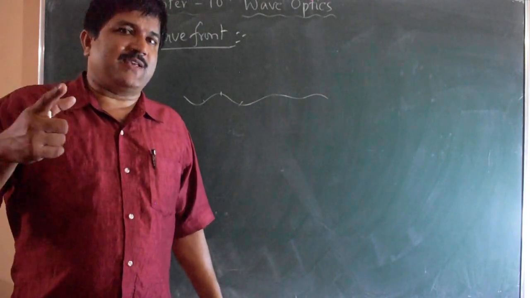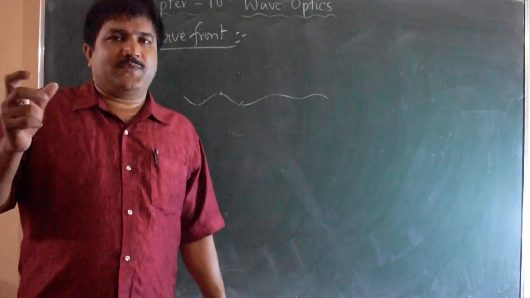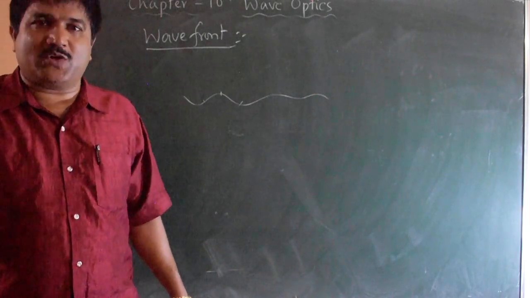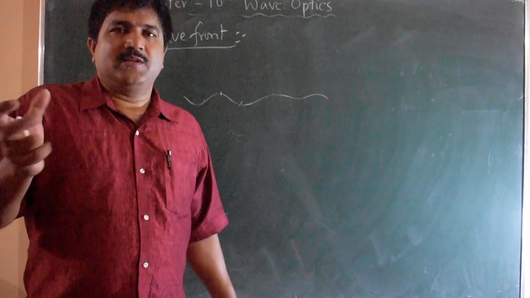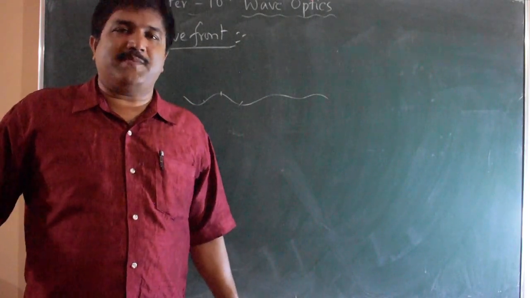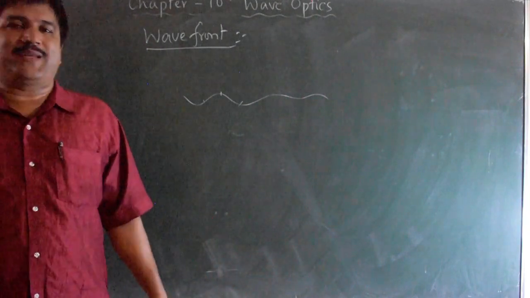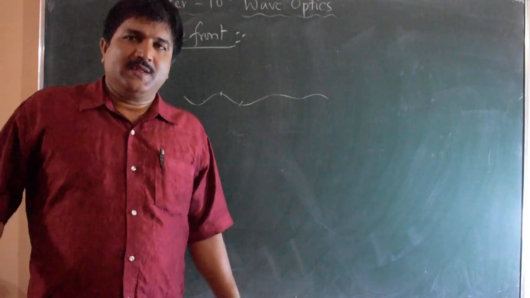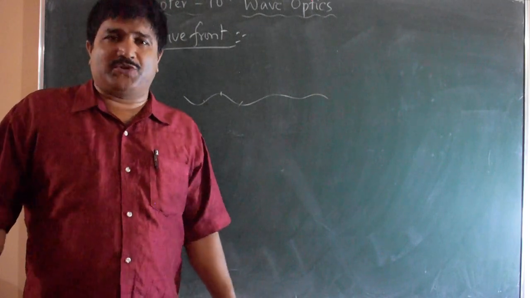You studied in the first-year waves chapter that for any wave propagation there is a term called amplitude, a term called wave velocity, and a term called phase. Phase appears as sine of omega t plus kx or omega t minus kx, or cos of omega t plus kx or cos of omega t minus kx. We use these mathematical functions to represent wave motion.